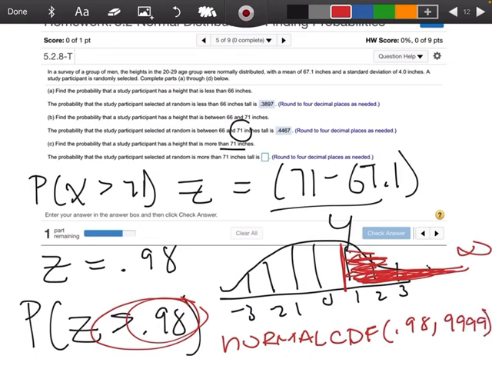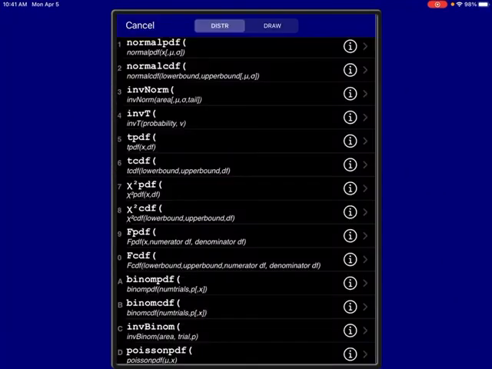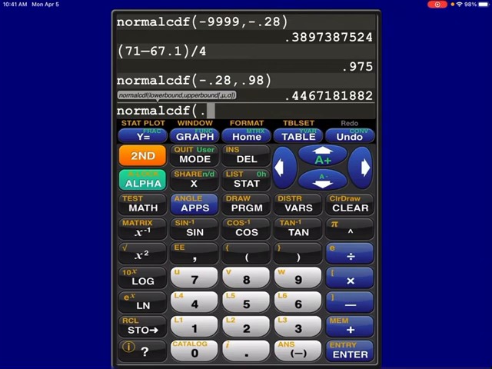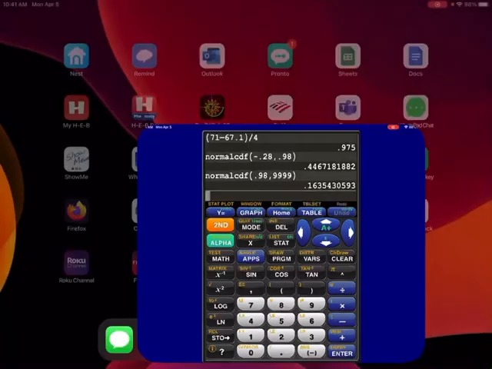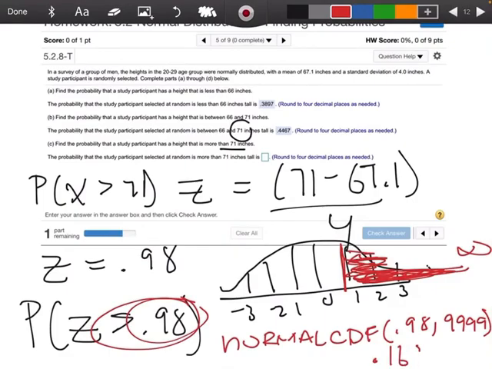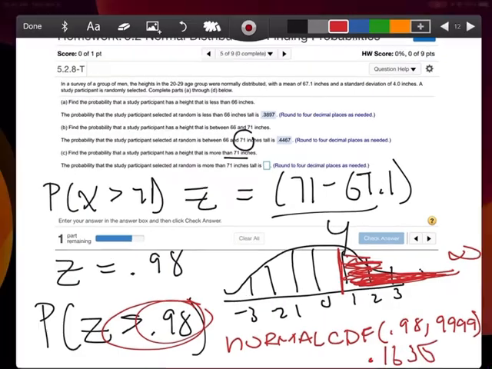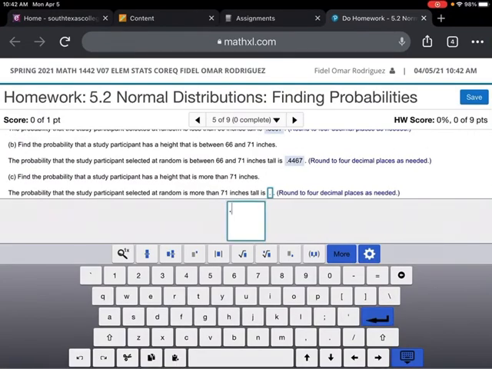So let me do this one more time. Second vars, normal CDF, 0.98, comma, 9999, close it off, and I'm coming up with 0.1635, okay? So 0.1635 as my answer. So let me enter that in here. 0.1635. And I'm checking it.